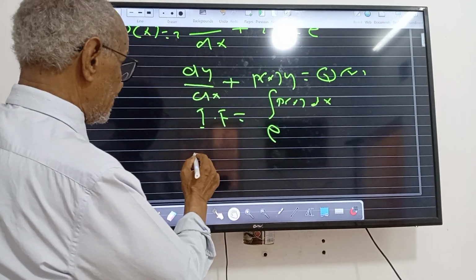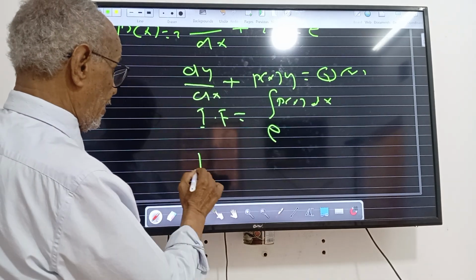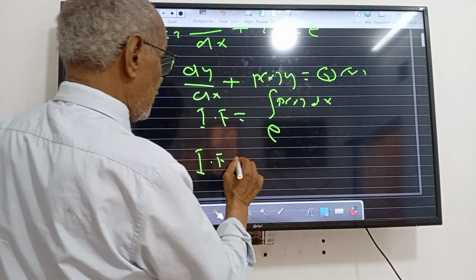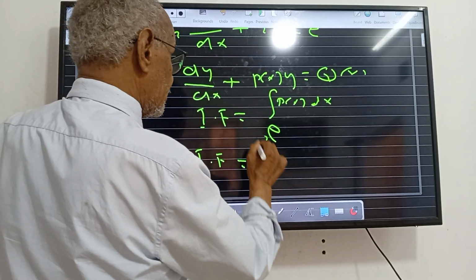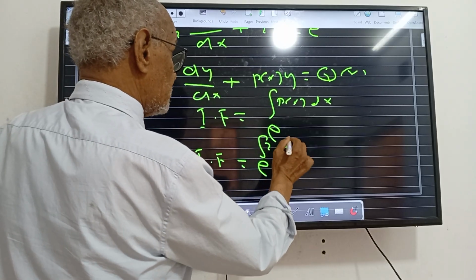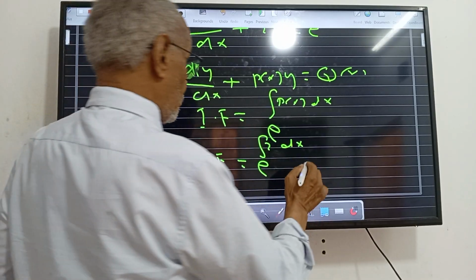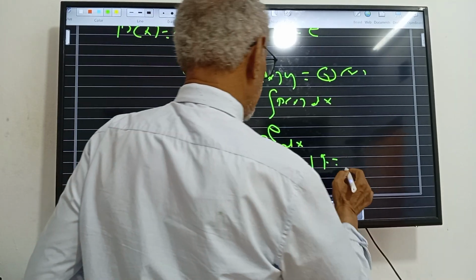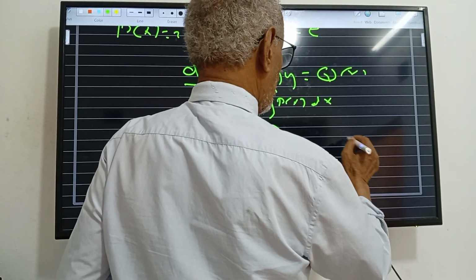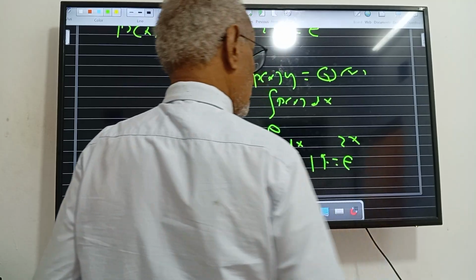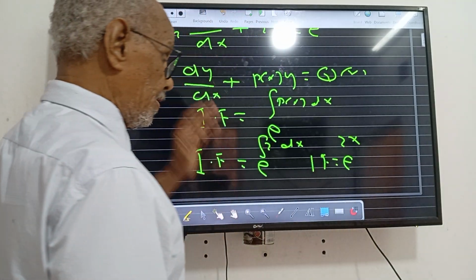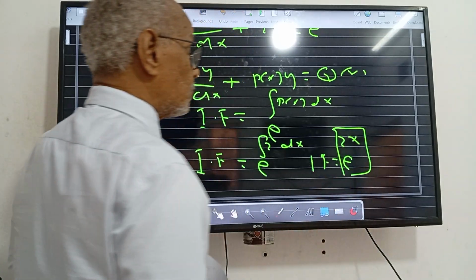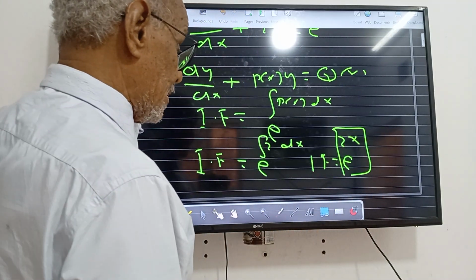So the integrating factor for this differential equation will be e to the power of the integration of 2 with respect to x. So the integrating factor in this case equals e to the power 2x.